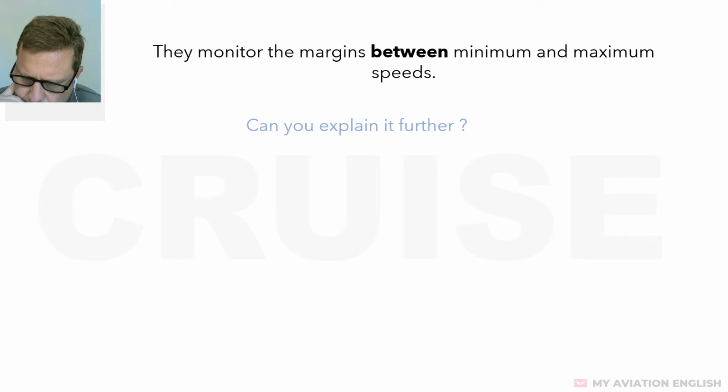If you decrease this speed, the airplane could enter in stall attitude. And otherwise, there is the higher speed limit, because if you pass this higher speed, for example, we can make damage to the fuselage structure. That's it. Structure.